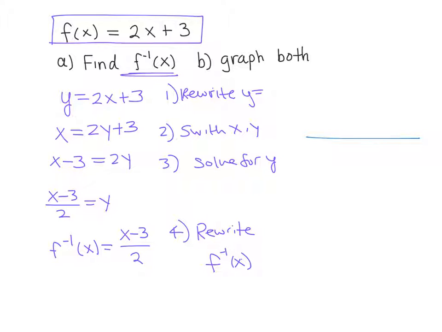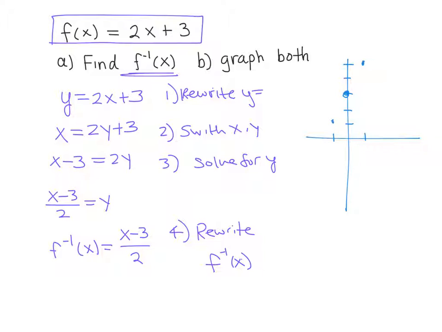The first original function is 2x plus 3, has a y-intercept at 3. So 1, 2, 3. That's where it's going to pass the y-axis. And then it has a slope of 2, which means it rises 2 over 1, right? In other words, it goes down 2 and left 1.